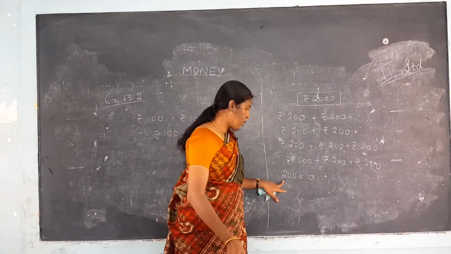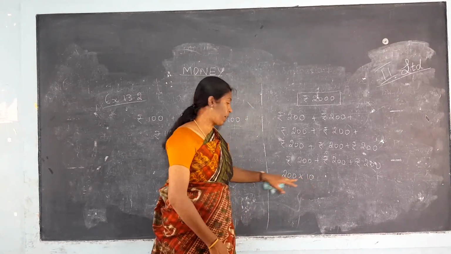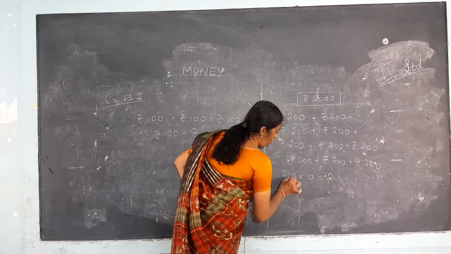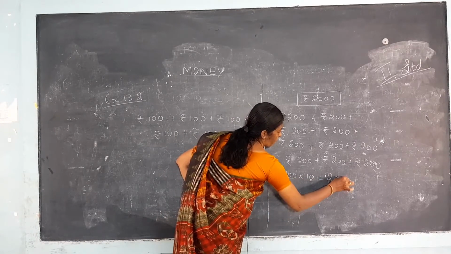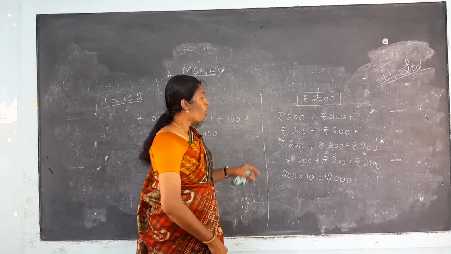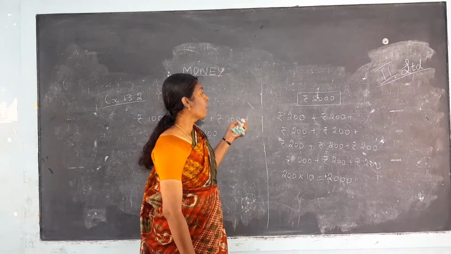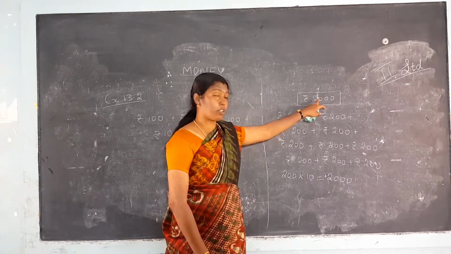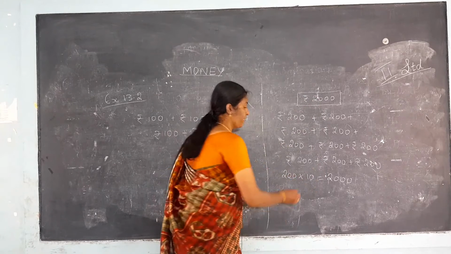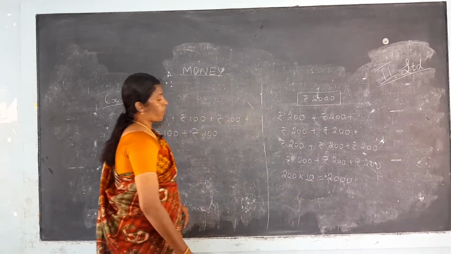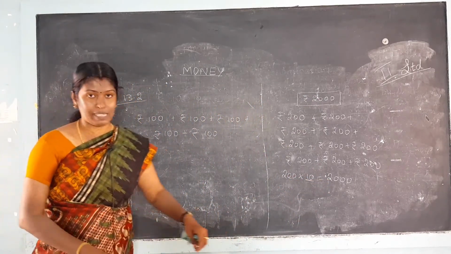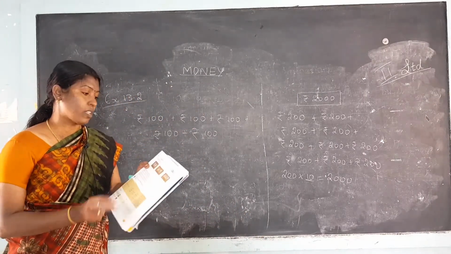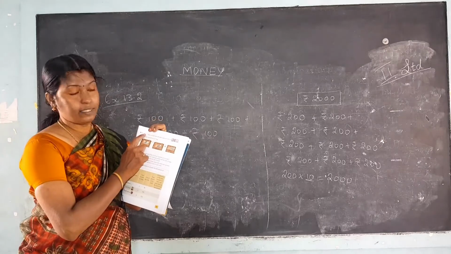How many notes of 200 rupees? 10 times. We can multiply: 2 times 1 is 2 and here 0, that is 2000 rupees. So how many 200 rupee notes do we need to make 2000? 10. If we have 10 notes of 200 rupees, we can get 2000 rupees. So you write here 10.